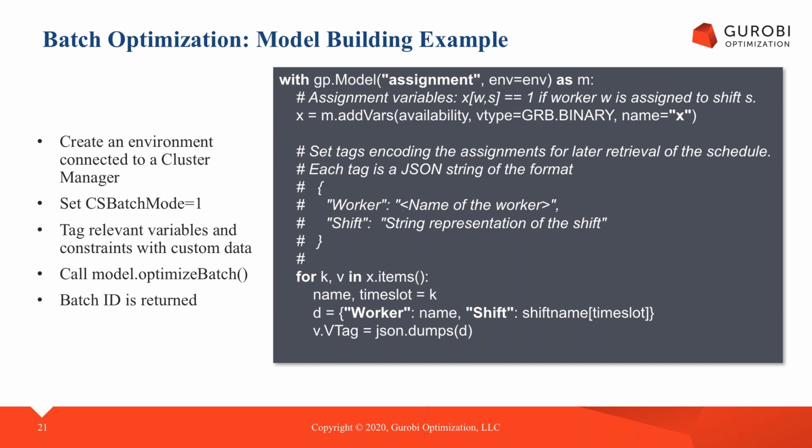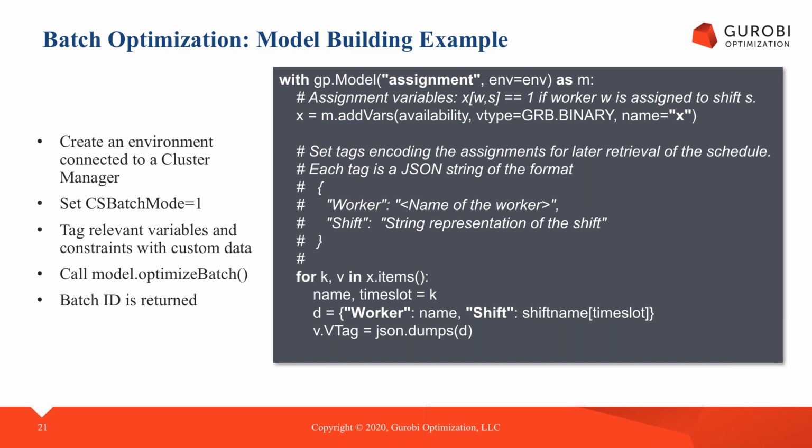You can assign the tags with the worker and the shift that relates to a given variable. Here we use JSON as a format for those tags, but you can use any other way. The tags are just strings, and you can use a CSV or another format as you want. But of course, we recommend using JSON as it is very easy to parse when you get the solution.